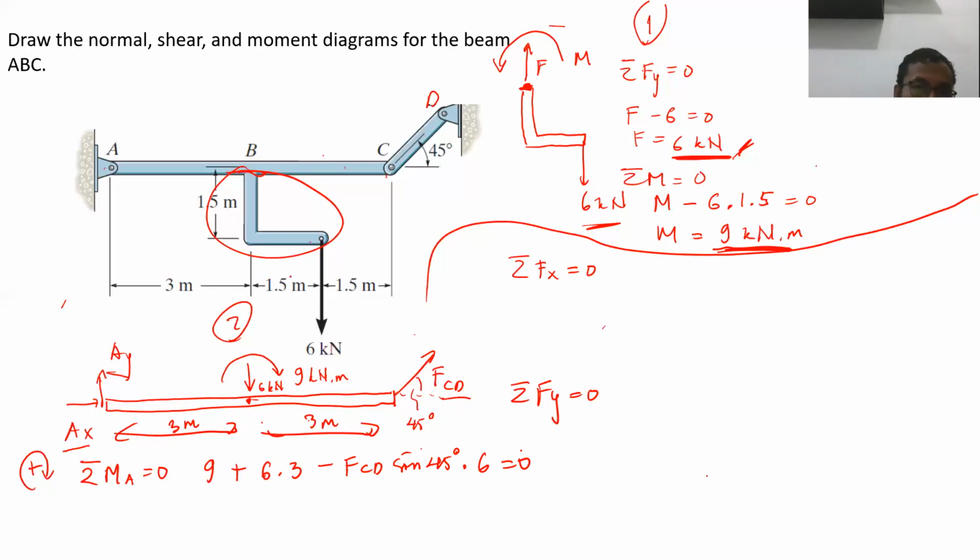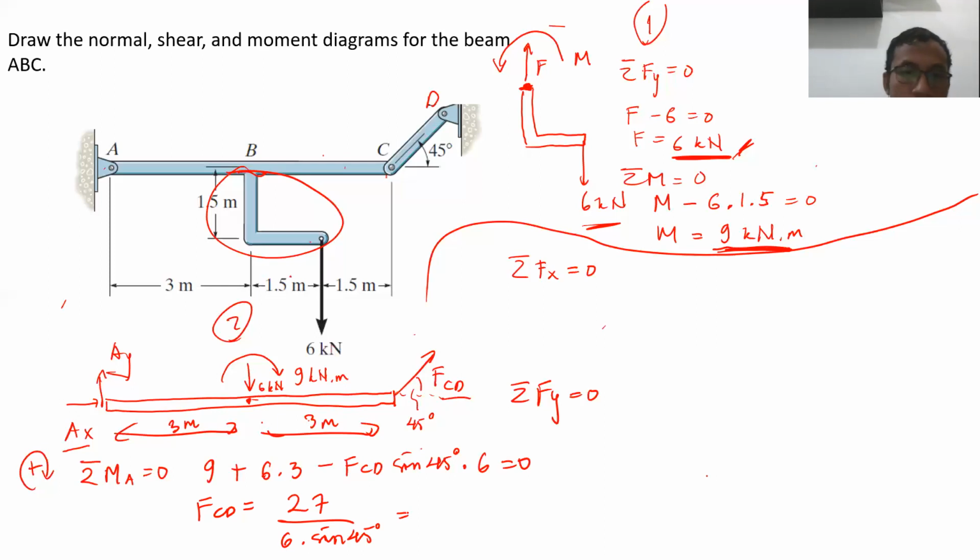Then from this calculation, FCD will be equal to 27 divided by 6 multiplied by sin 45 degrees.